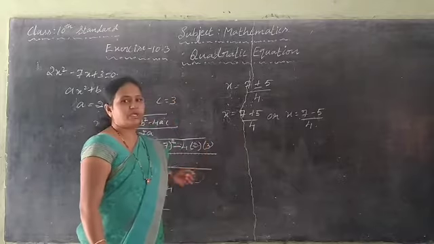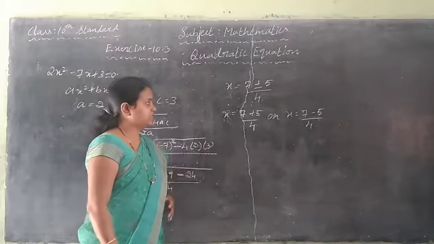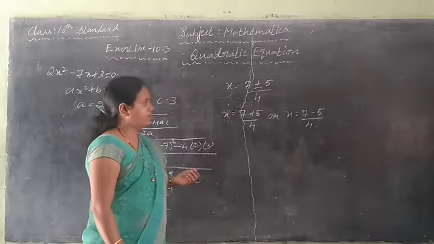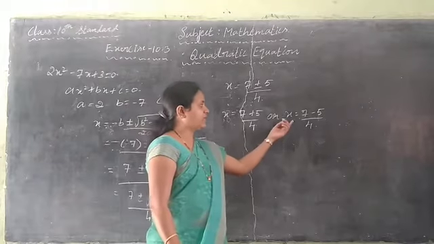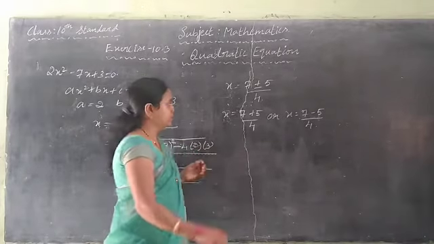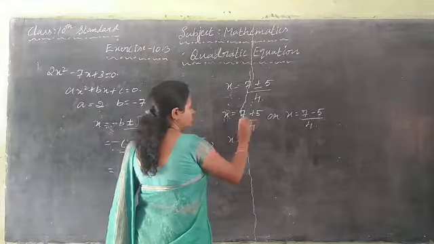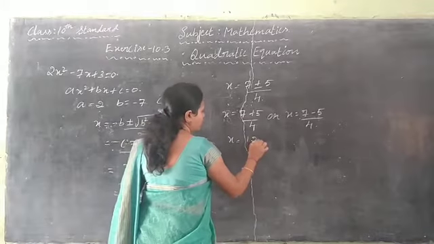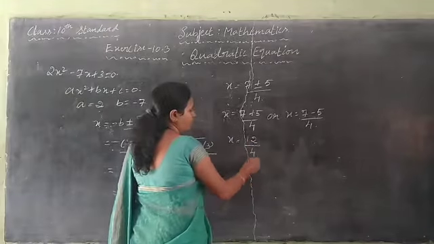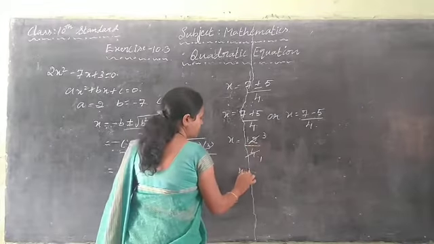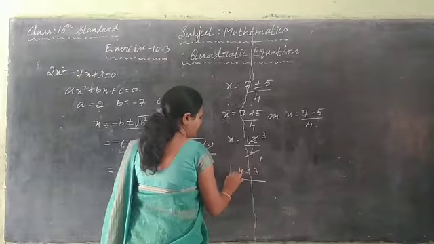Understood? When you split the plus or minus, you get x is equal to 7 plus 5 by 4, and in the same way, x is equal to 7 minus 5 by 4. Now 7 plus 5 is 12, divided by 4: 4 threes are 12, so x is equal to 3.